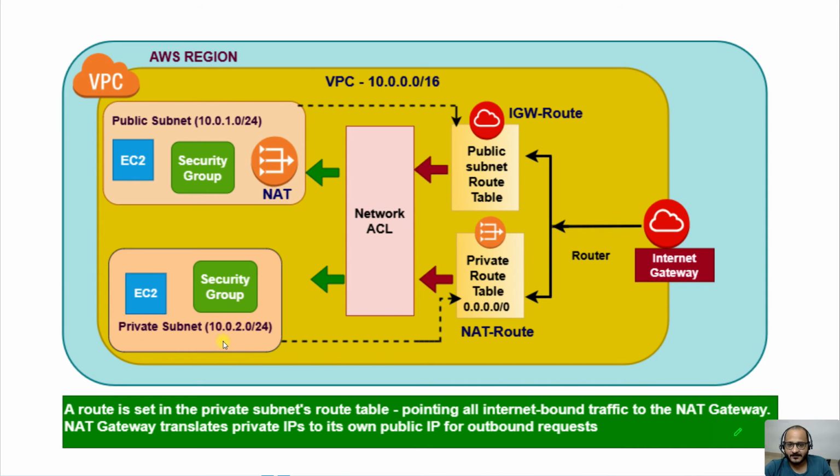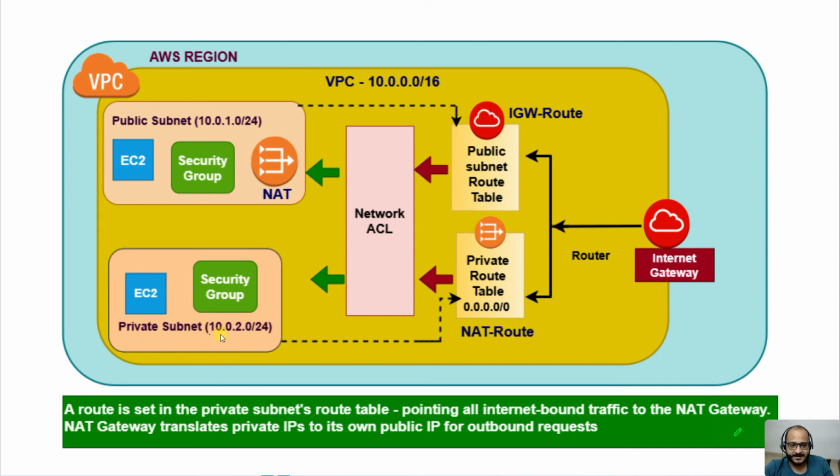This is a little confusing, so let's understand with the help of the diagram. Suppose this private EC2 instance has the IP address 10.0.2.0. I'm just taking an example.